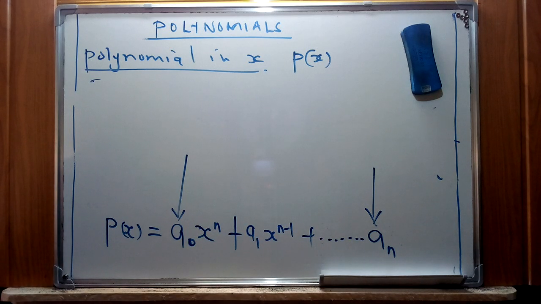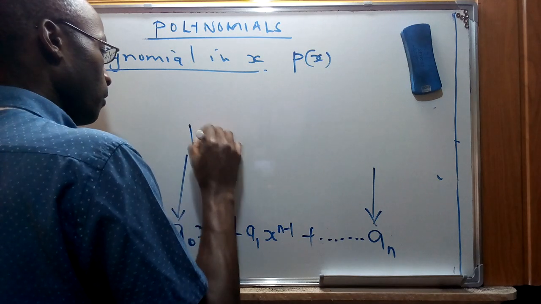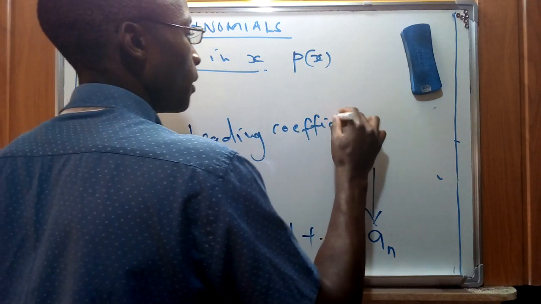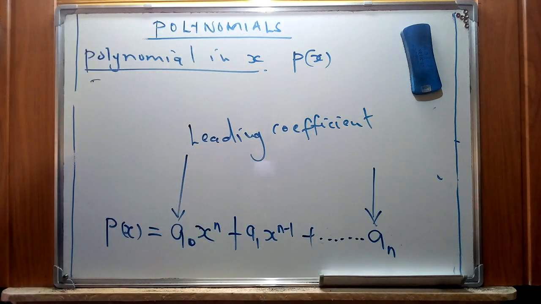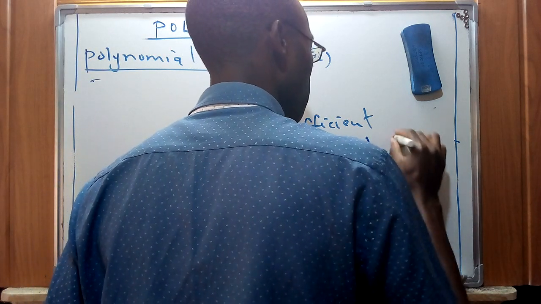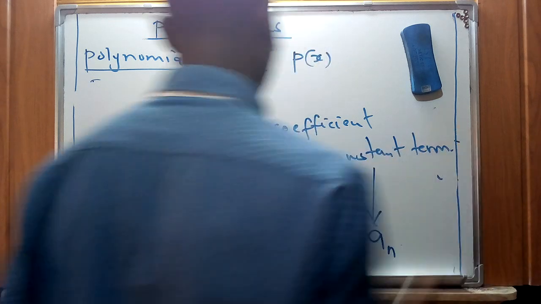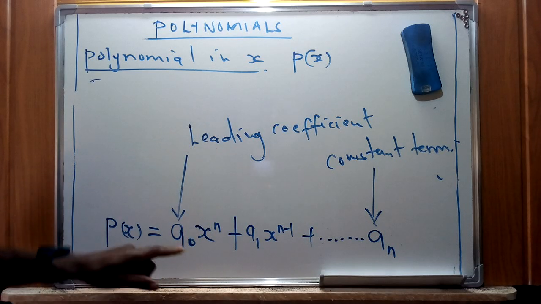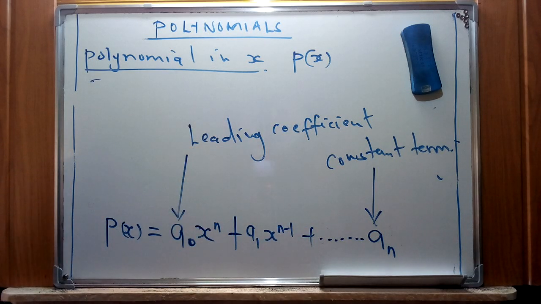The first one is referred to as the leading coefficient, and the last one is referred to as the constant term. Perhaps those are going to assist us in describing some of the concepts that we're going to come across in polynomials.